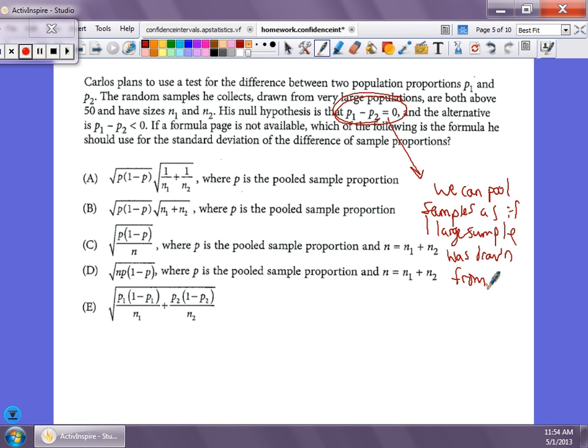And because of that technique, we are then able to use a different formula for the proportion. Using that fact that we're able to pool the data as basically one large sample from a single population will tell us which of these is the appropriate formula.